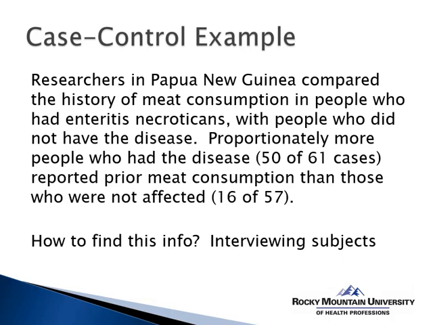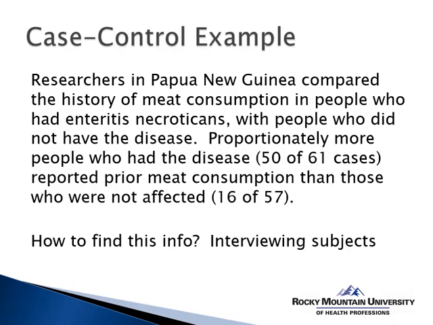So, in this case control example from our textbook, researchers in Papua New Guinea compared the history of meat consumption in people who had enteritis necroticans, and I probably pronounced that incorrectly, with people who did not have the disease. Proportionally, more people who had the disease reported prior meat consumption than those who were not affected.